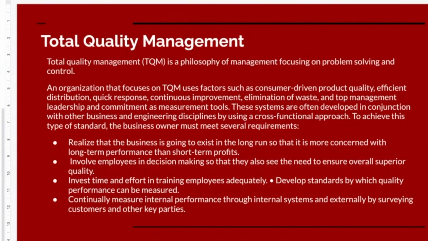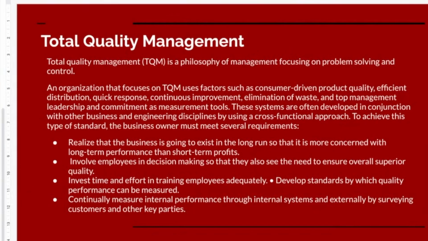These systems are often developed in conjunction with other business and engineering disciplines to use a cross-functional approach. So we have the physical production and operations combined with this, I'll call it a philosophy and process, in order to ensure we get high quality.